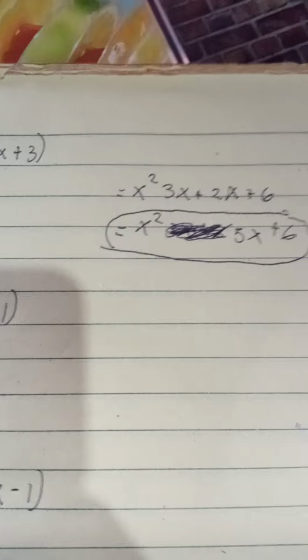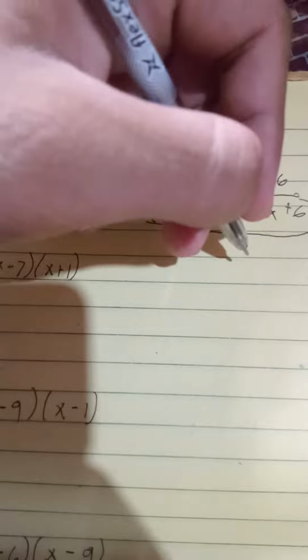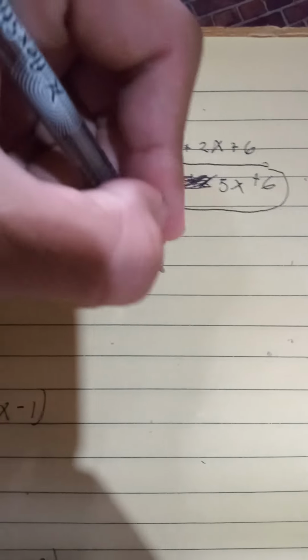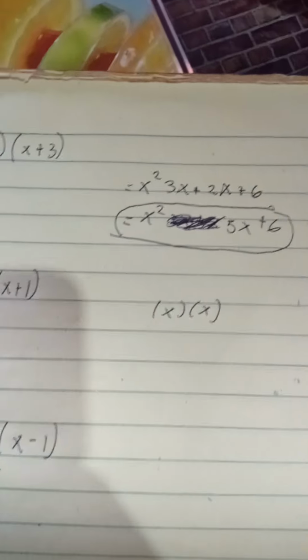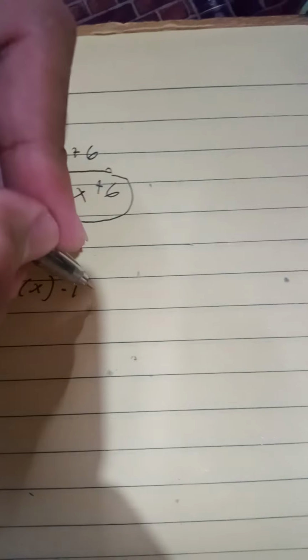So multiply inner to inner, inner to outer, outer to inner, and outer to outer. x times x equals x squared, x times 1 is x, negative 7 times x equals negative 7x.